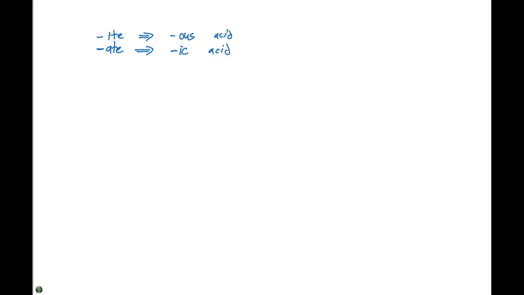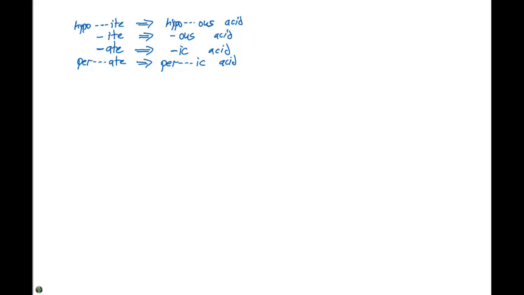If we have a hypo-ite, we're going to replace that with hypo, then the parent name, then ous acid. Then if we have a per-ate, we're going to call that a per, then the parent, ic acid.